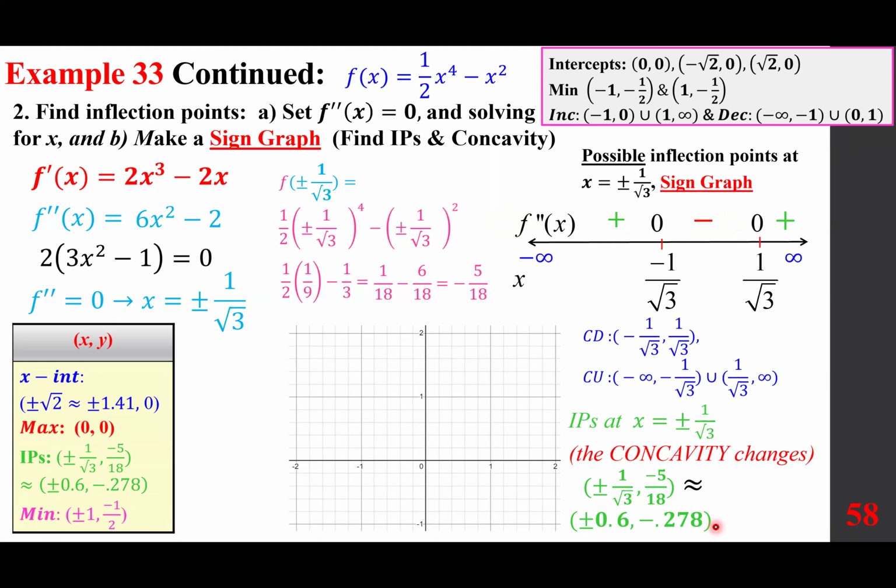I want to make sure that everybody's okay with that. The x-intercepts at negative 1.410, positive 1.410, 0, 0. The IPs, and we wrote those. The minimum at plus minus 1, negative 1/2.